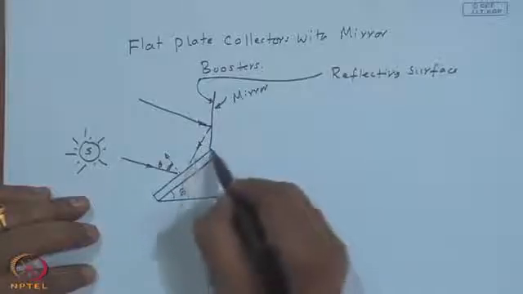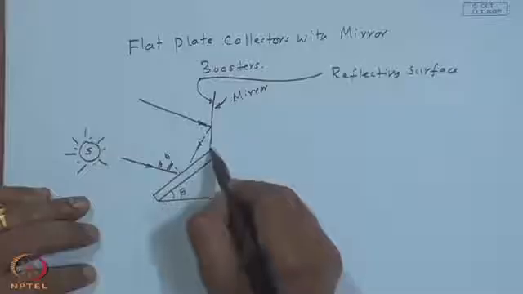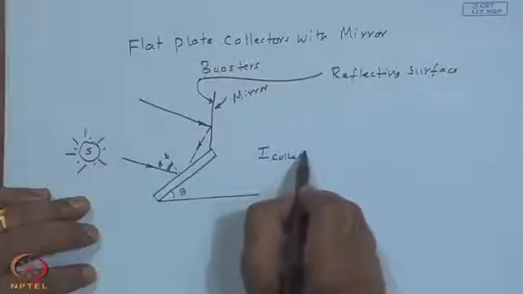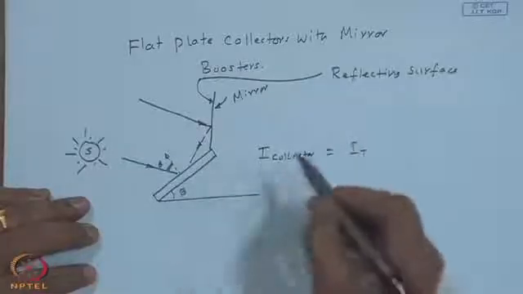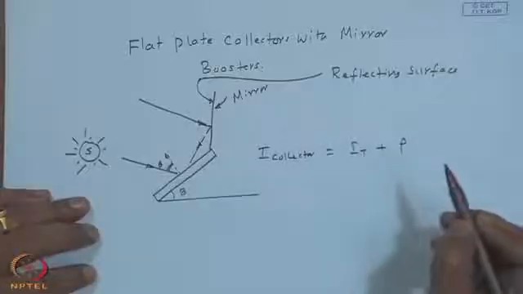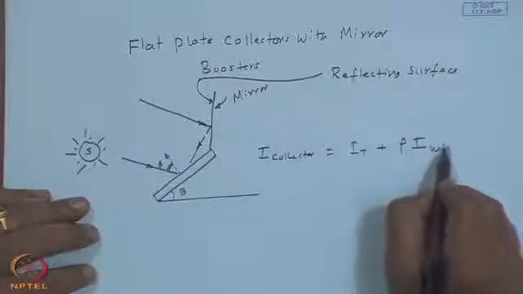So, if you attach a mirror, not only the radiation received by the collector will be equal to I t, that we have estimated a number of times, plus rho of the mirror into whatever is falling on the mirror.